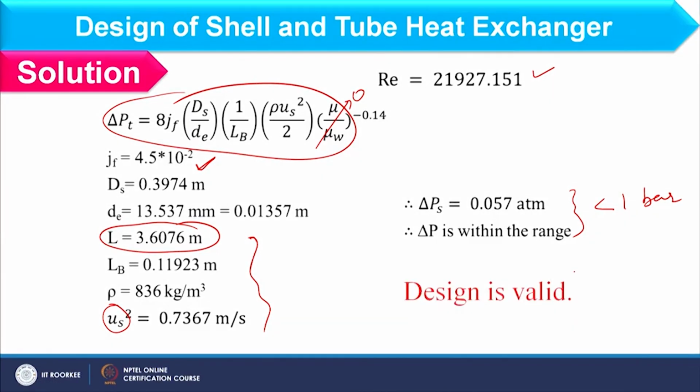Okay. So we can say that design is valid. Okay. So in this way you can design shell and tube heat exchanger. It is the detailed calculation, and it is really time consuming to design a shell and tube heat exchanger with each detail.